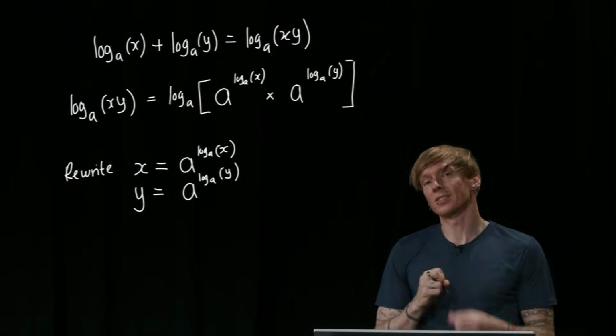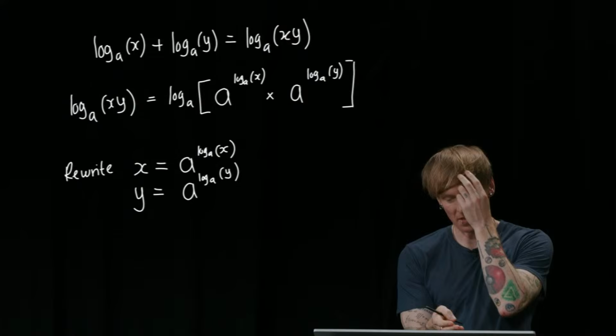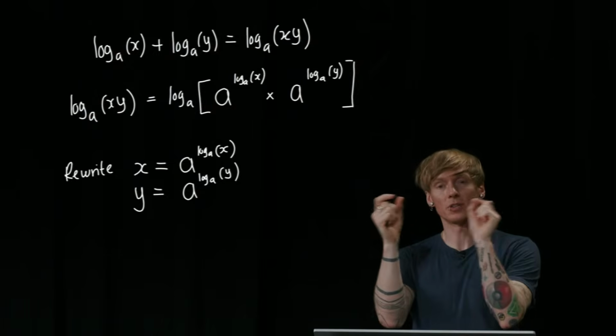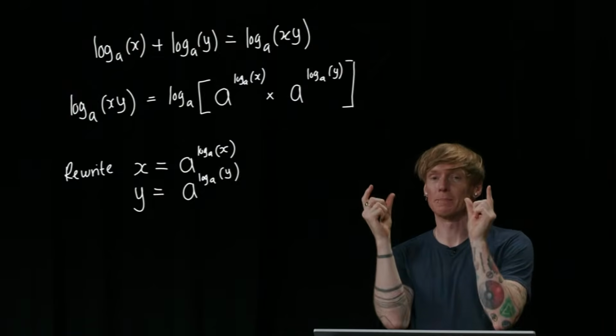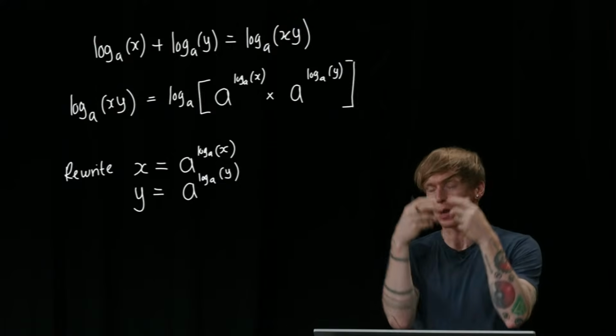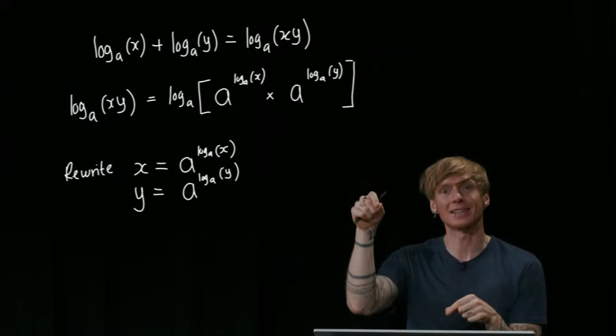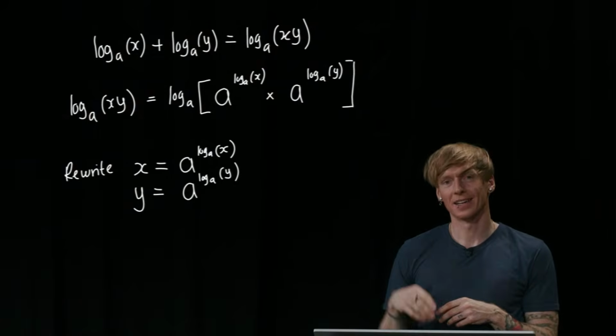And now the reason this is really helpful is we've got two exponents, two powers of a multiplied together. So when we multiply together two exponents in this way, we add the exponents, we add the powers.